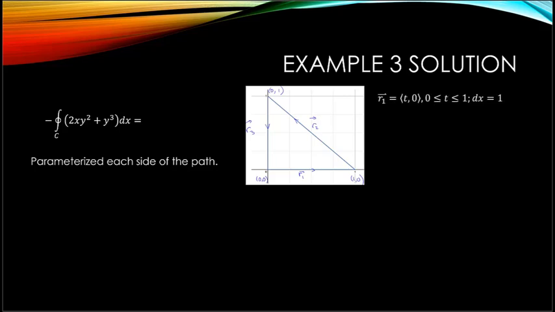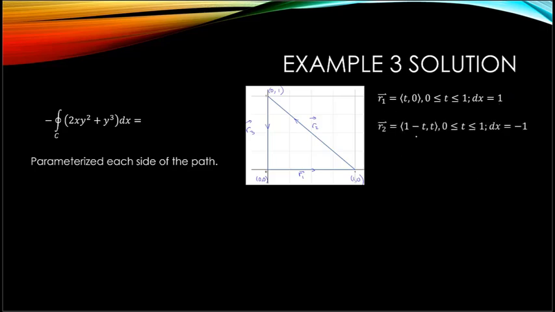So my r sub 1 vector is going to be given by the vector (t, 0), where t goes from 0 to 1. The r prime gives me dx, which is 1 in this case, because the derivative of r is (1, 0), so that dx, the derivative of the x coordinate, is 1.